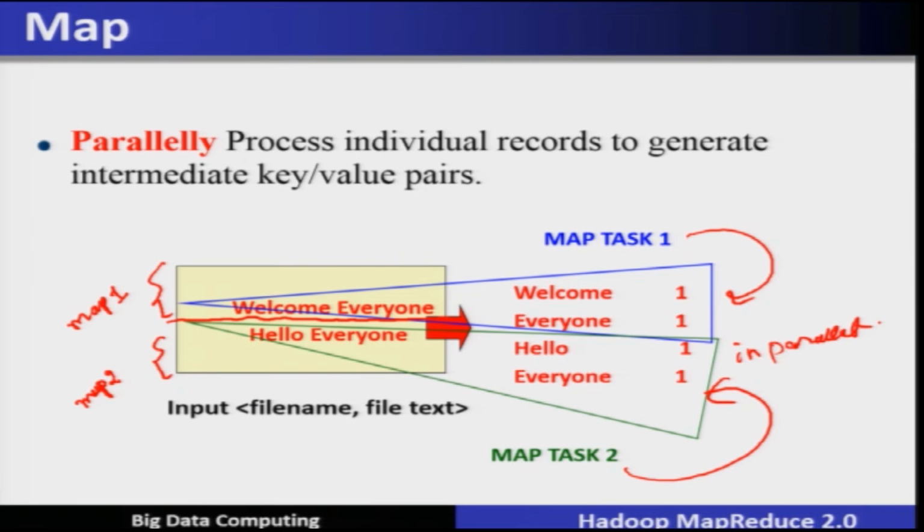The key value pairs welcome and everyone will be collected by task 1, and hello and everyone will be collected by map task 2. So, this map function processes individual records to generate the intermediate key value pairs in parallel, and that is done automatically.